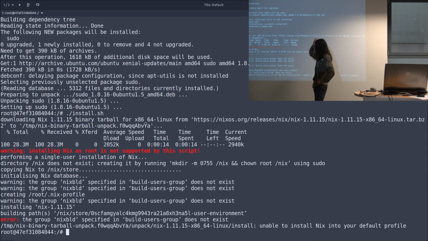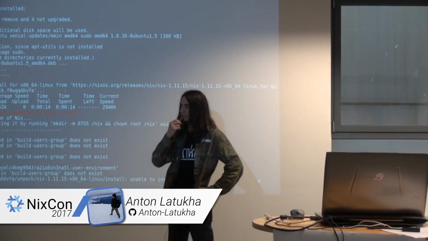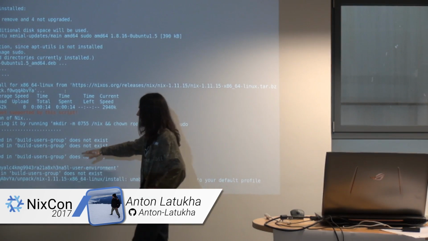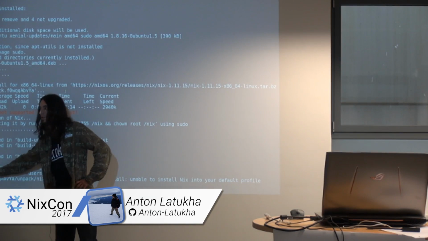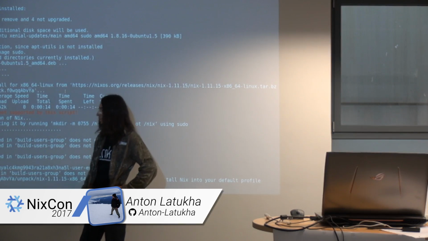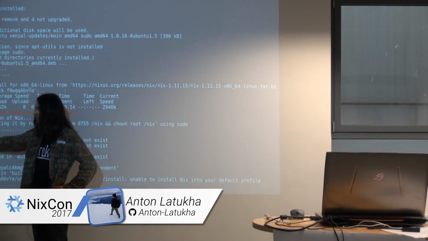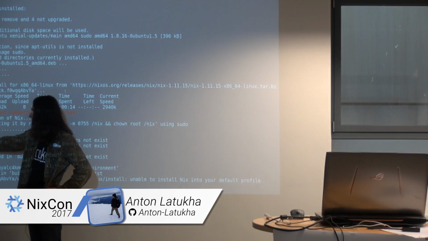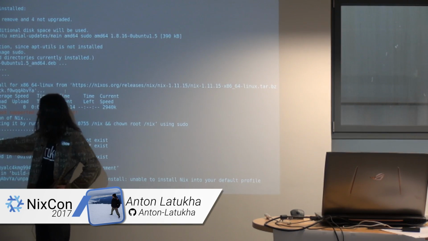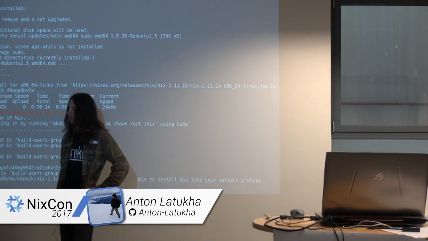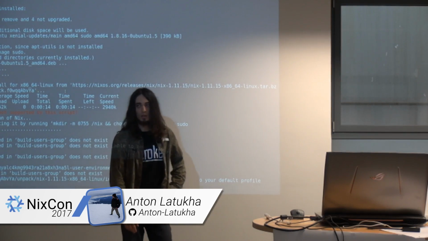If you look in the Nix container, the same thing happens there before the Nix installation in the official Docker container with Nix. There happens the creation of the Nix build group and the creation of the workers for the multi-user installation.